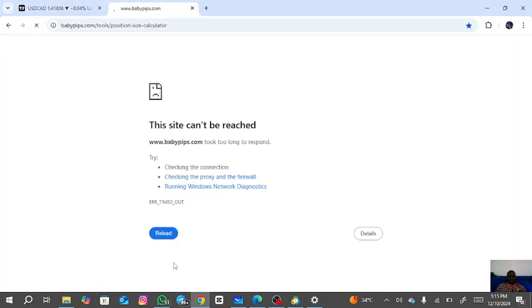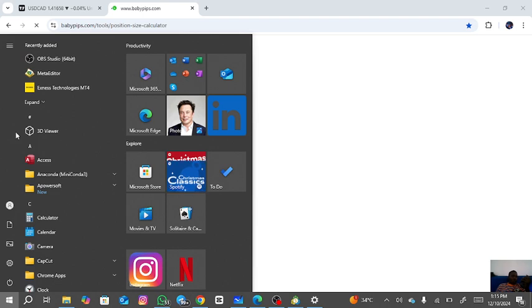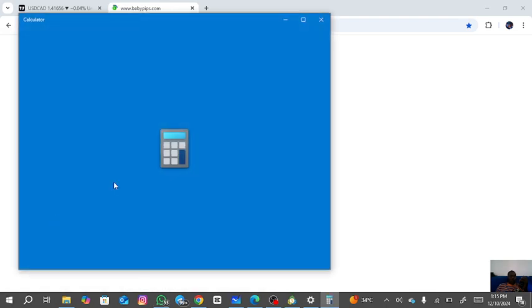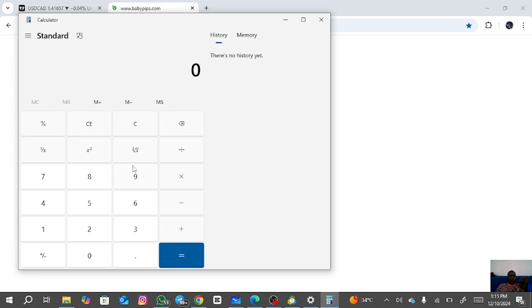The site is not loading up. Before the site comes up, I'm just going to show you how you can calculate this. Here is my calculator. This is my own way of calculating to know the lot size I'm going to use if I want to place a trade.